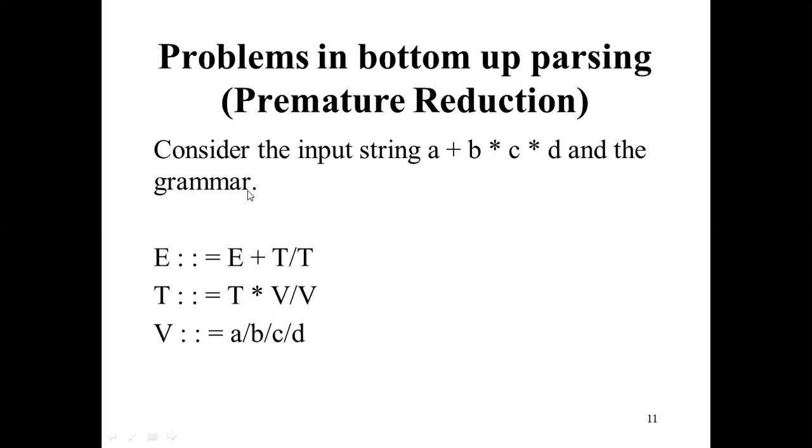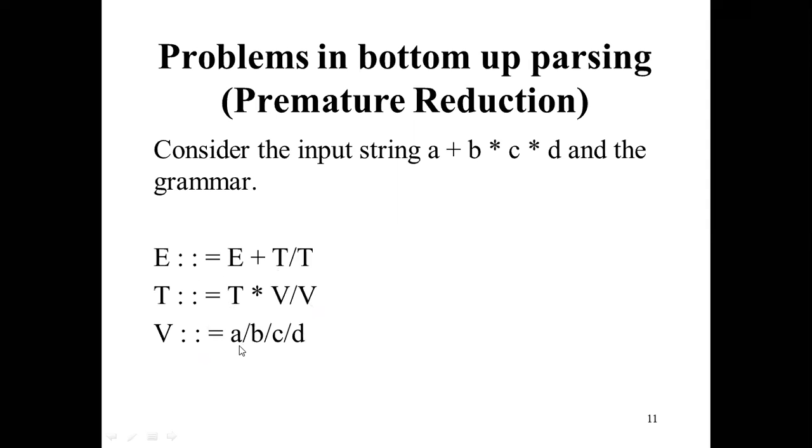This is the given grammar. E is equivalent to E plus T. So either we can replace this E by E plus T or by T. Similarly, for T we have again two choices: we can replace it by T star V or single V. For single V we have four choices.